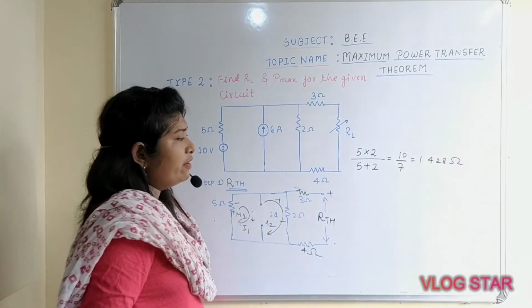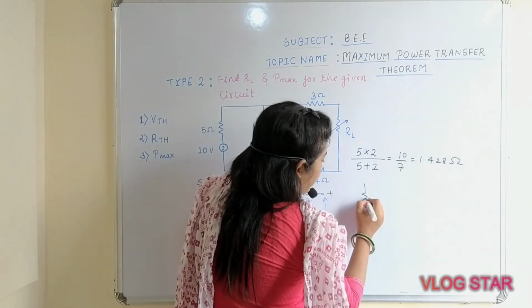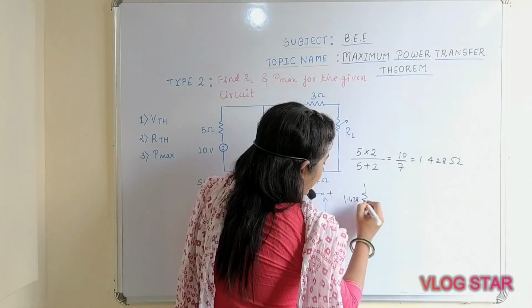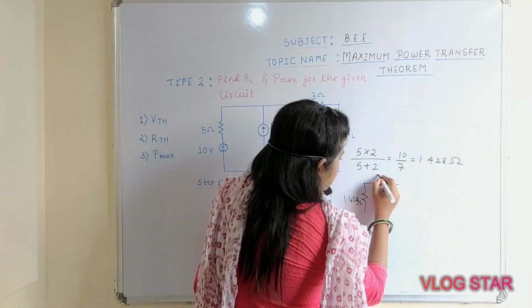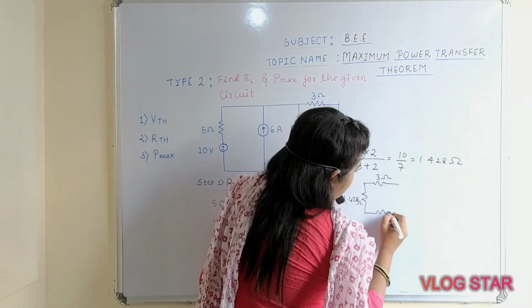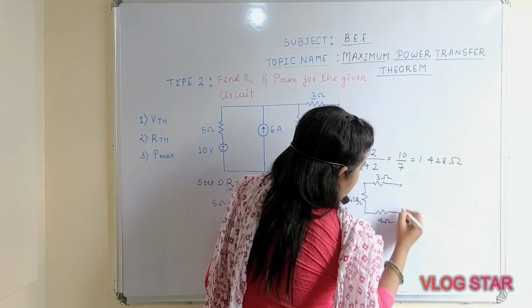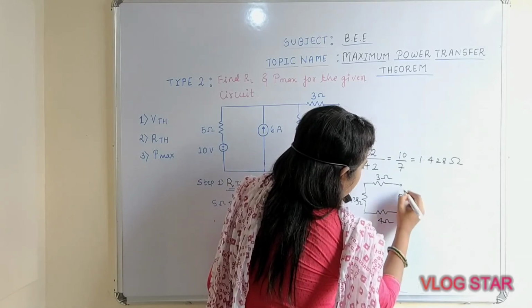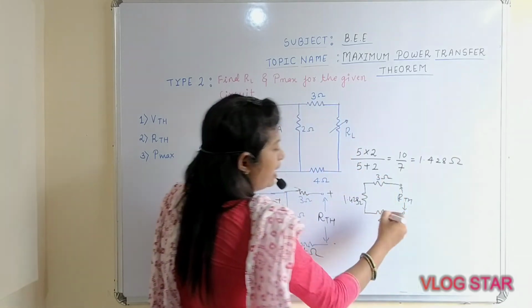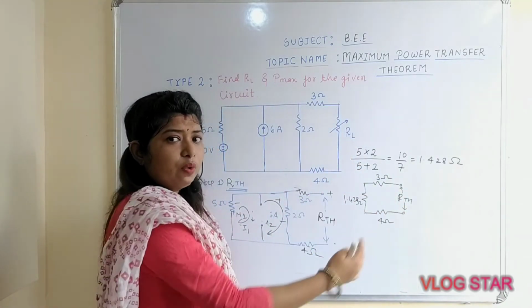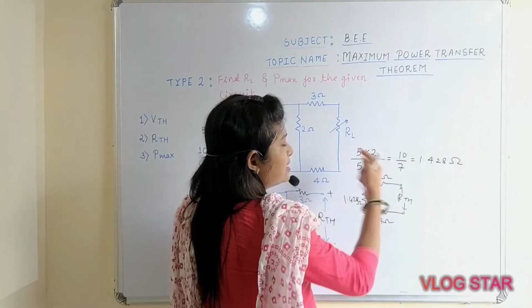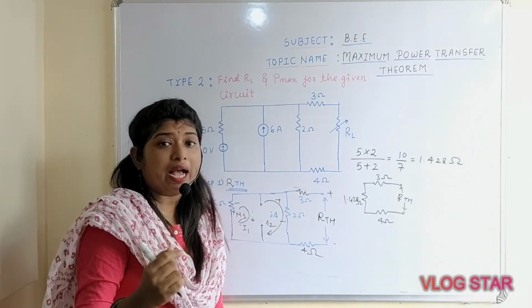Now in the new circuit if I draw, you will get this 1.428 ohm resistor, this 3 ohm resistor, and this 4 ohm resistor. And across this particular path, you need to calculate RTH. If you observe carefully, all the three resistances are connected in series. Why?